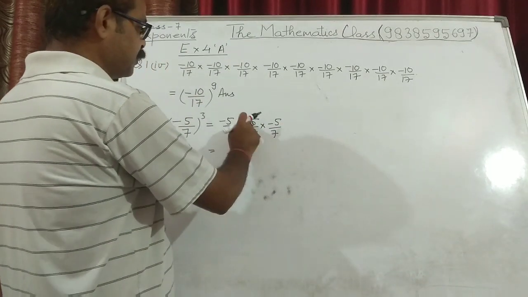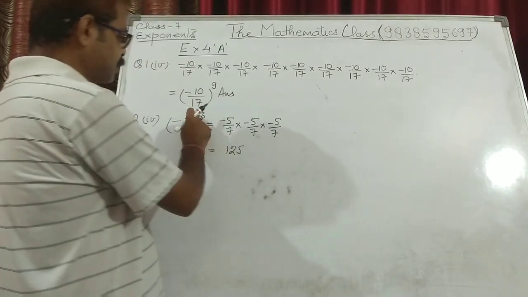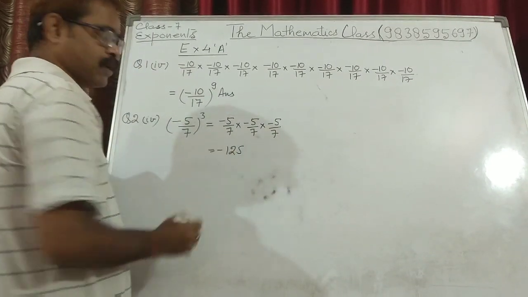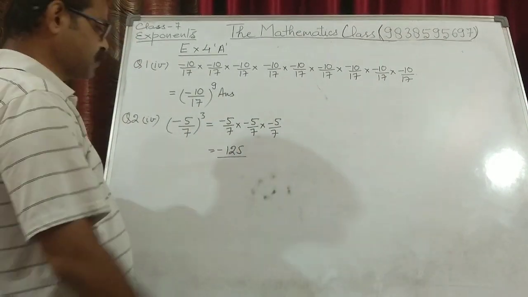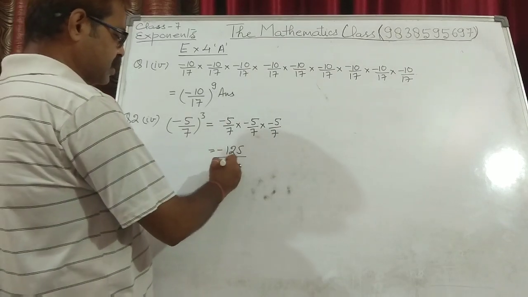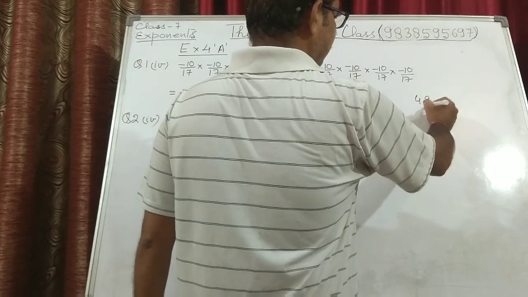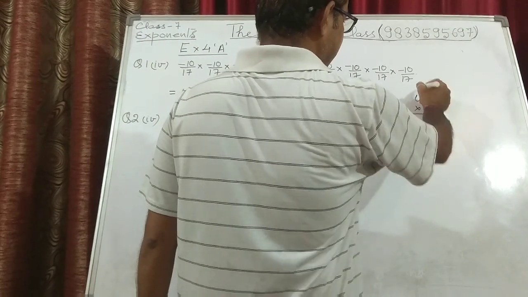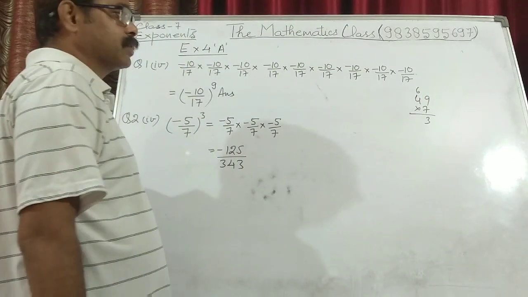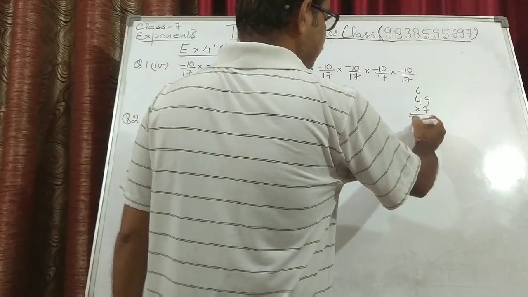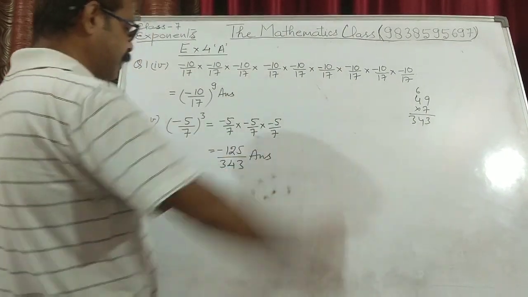Now 5 into 5 is 25, 25 into 5 is 125. And since the power is 3, we will put a minus sign because the power is odd, upon 7 into 7 is 49 and 49 into 7 is 343. You can check it: 49 into 7, 7 nines are 63, 6 carry, 7 fours are 28, 28 and 6 is 34. So this is the final value.